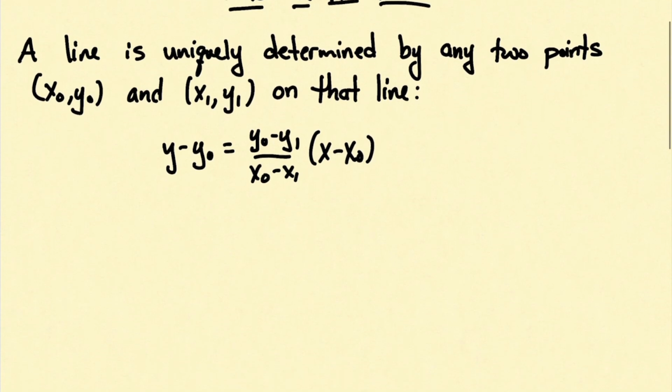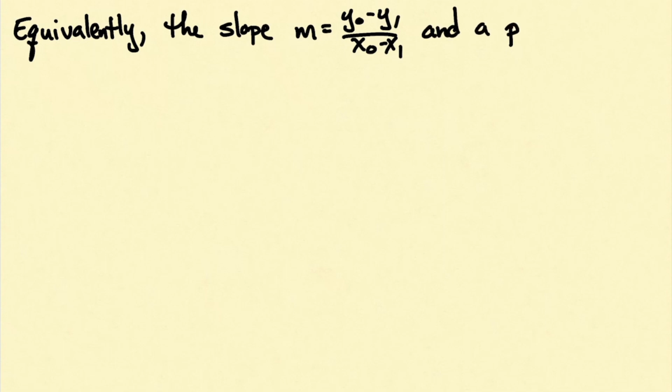But from the standpoint of vectors, this is somewhat unsatisfying. So we can make it more vector-friendly by remembering that the slope, m, which is y0 minus y1 over x0 minus x1, gives us a direction for the line. And if we have that data plus an extra point through which the line must pass, then the line is also uniquely determined.